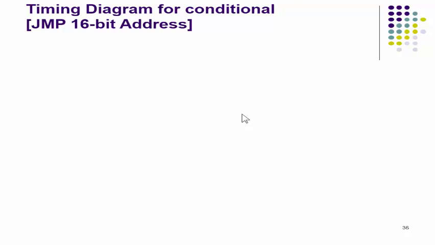There are two categories of branching instructions, conditional and unconditional.